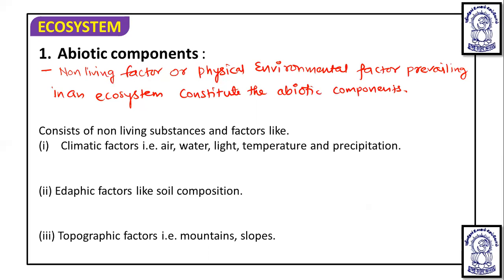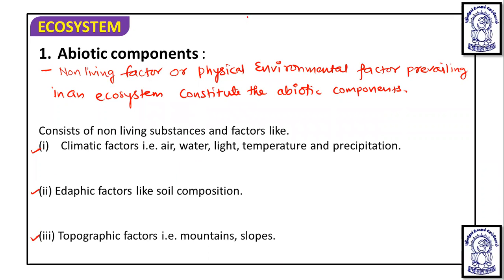And if we talk about these abiotic or non-living factors which are present in the ecosystem, they are basically of three types. The first one is the climatic factor, another one is the edaphic factor, and the other one is the topographic factor.